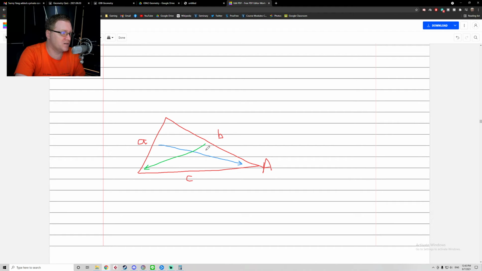So here's little b, and this angle over here is big B. Finally we have little c, side c here. The angle opposite is over here, this one. So this is going to be angle C.